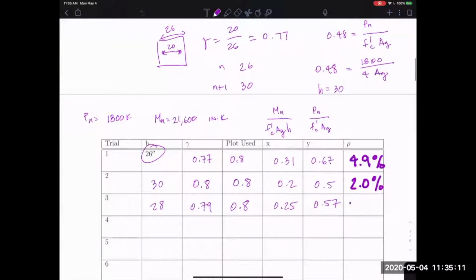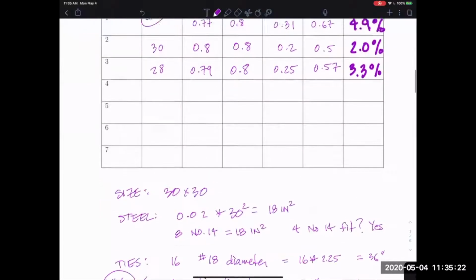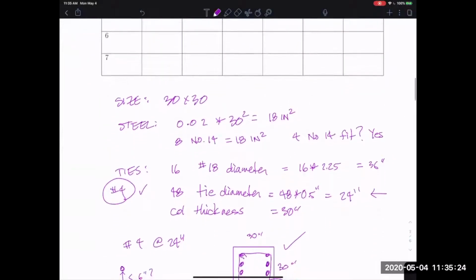It's amazing how different it can be using the wrong graph. So we have 2%, not 1.7%. So 2% on a 30 by 30 column. And I've redone the calculations here. So 2% times 30 squared is 18 square inches.